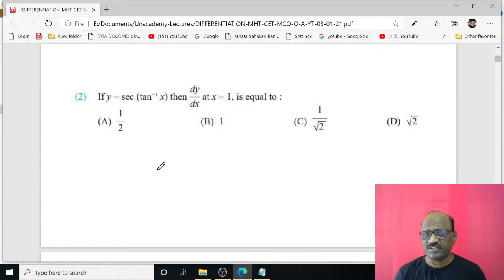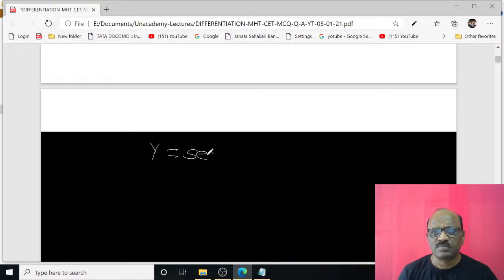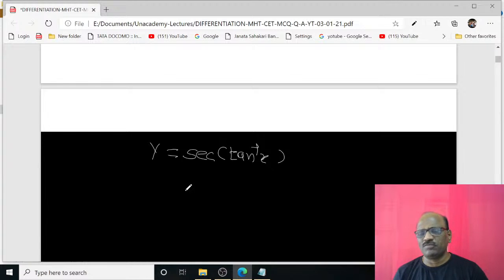Now we'll differentiate this. y is equal to sec of tan inverse of x. Now simple derivative. What is the derivative of sec of x? The derivative of sec of x is sec of x into tan of x.